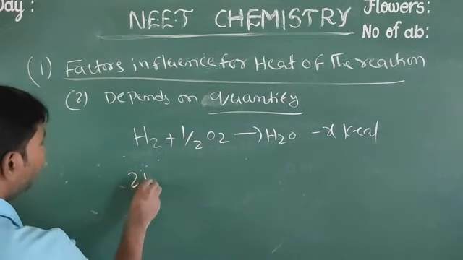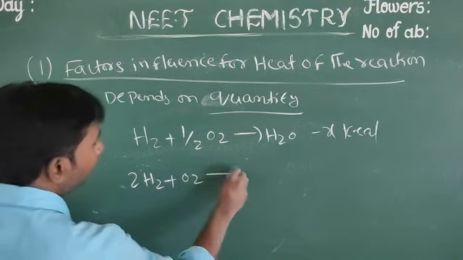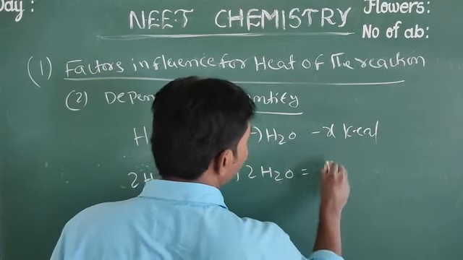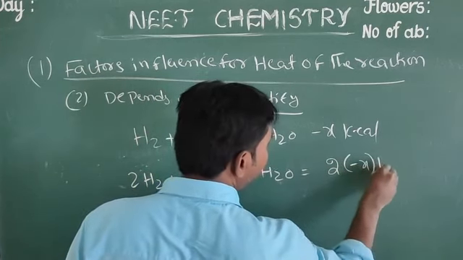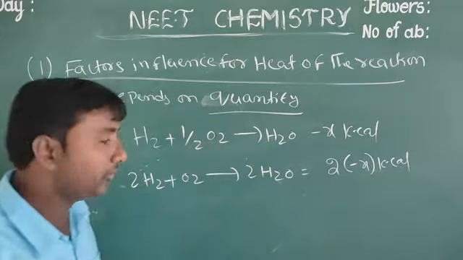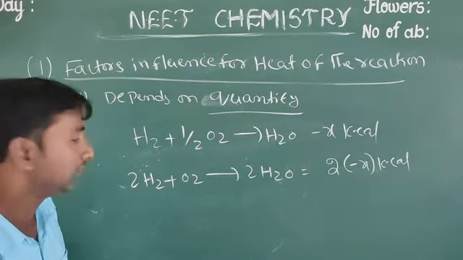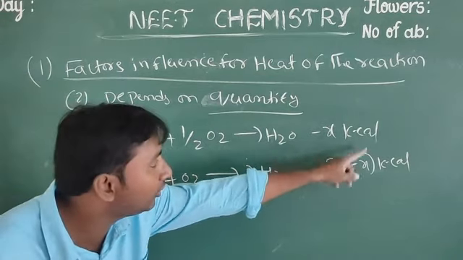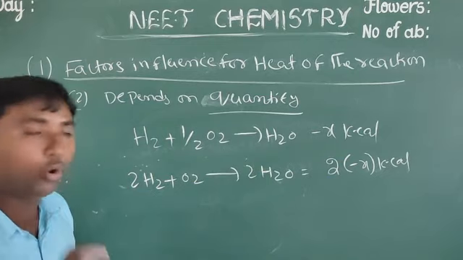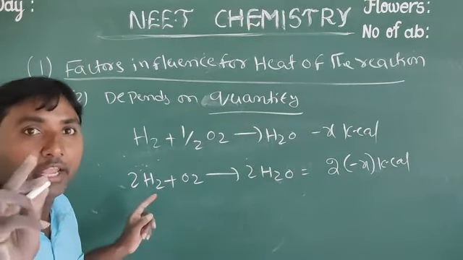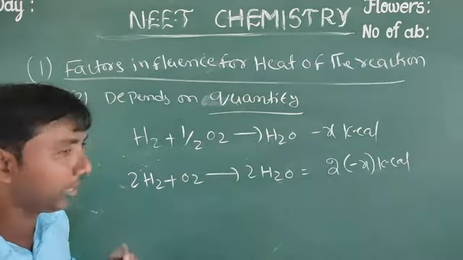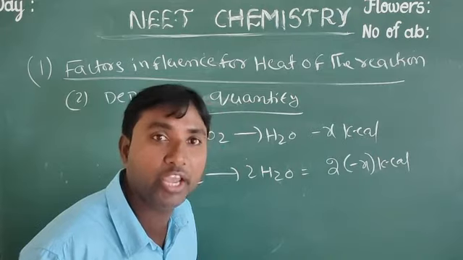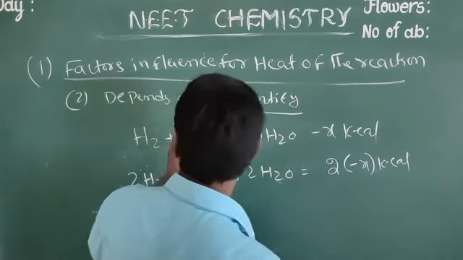Next, 2H2 plus O2 gives 2H2O. Now we write it as 2 into minus X kilocalories. That means if a coefficient is associated with the reaction, the same coefficient is multiplied with the heat energy also. If the coefficient is 2, the same coefficient multiplies the heat energy. Understand now? That is the second one.